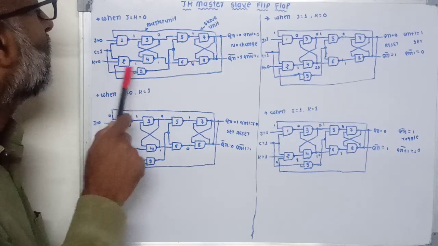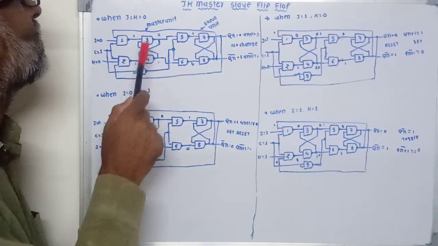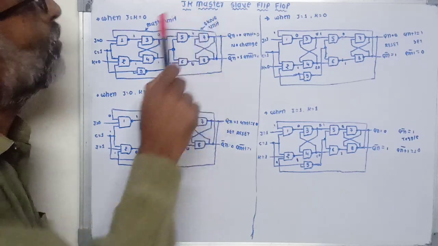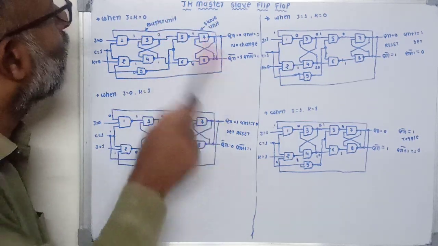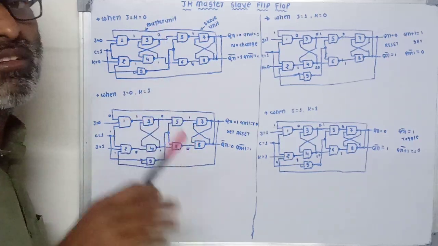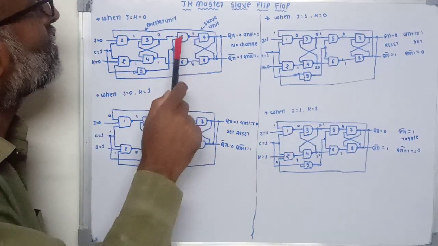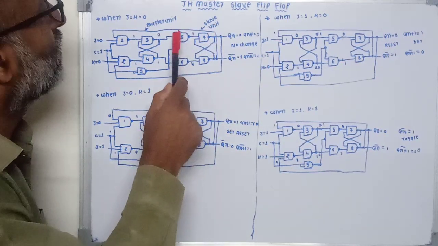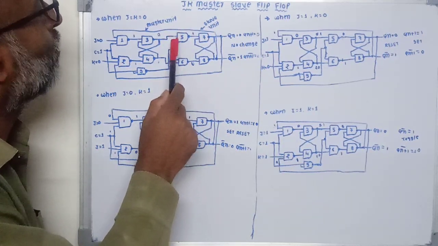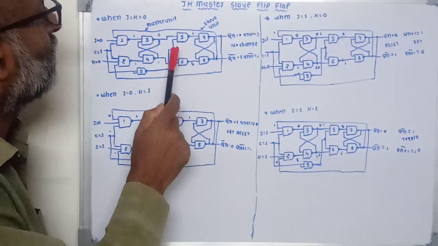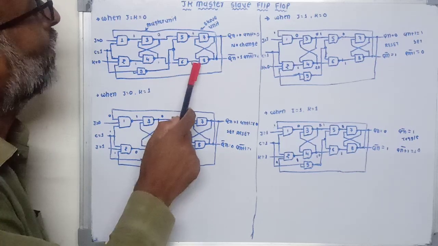Now when the clock signal goes to 0 level, the master unit is disabled and the slave unit is enabled. So whatever output is available from the master unit is given to the inputs of the slave unit. So here 0 plus 1, 0 into 1, 0, and here 1. Here 1 into 1, 1, 0.